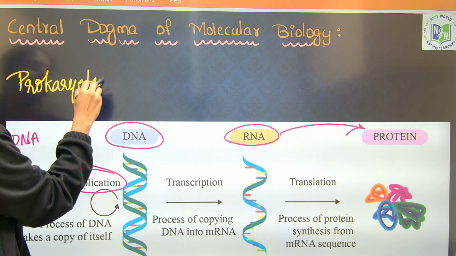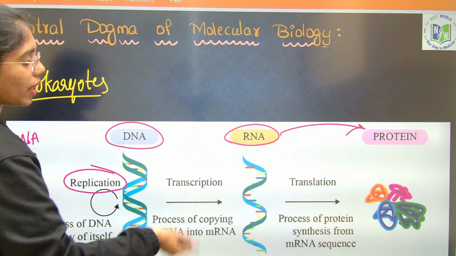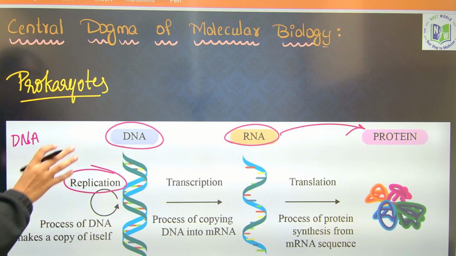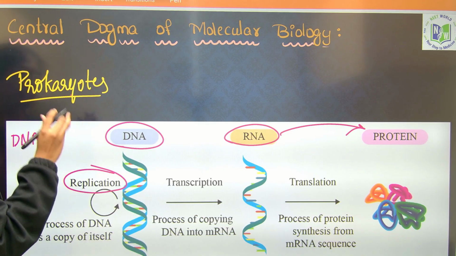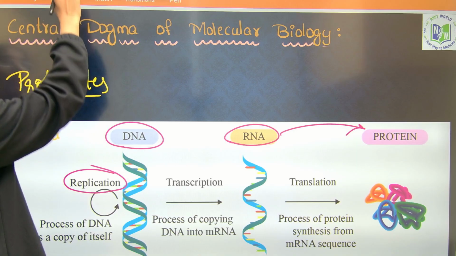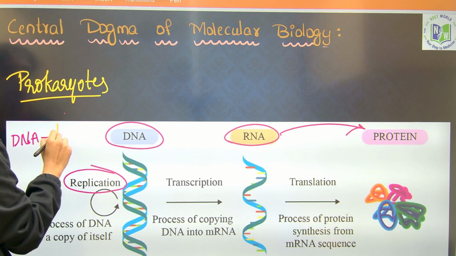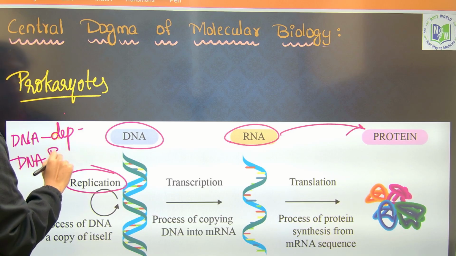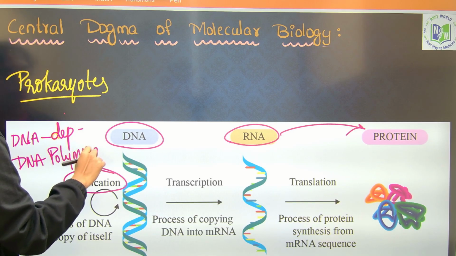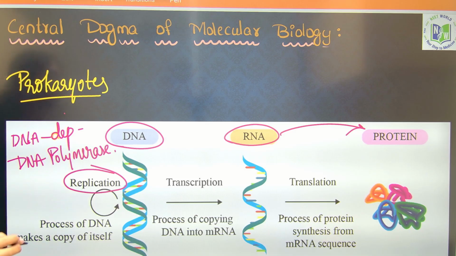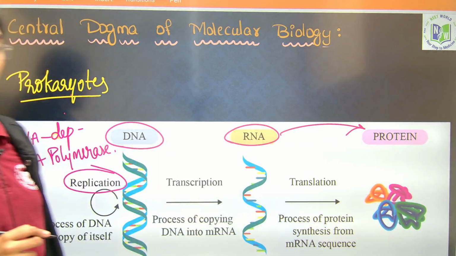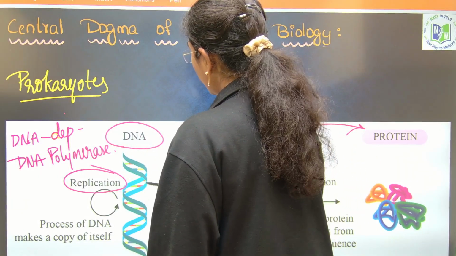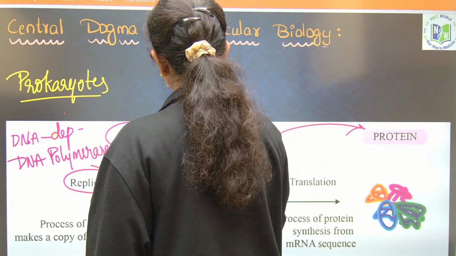The entire process of replication, transcription and translation happens in the cytoplasm of the prokaryotes itself. Replication is done by DNA dependent DNA polymerase. When DNA is transcribed to RNA, the enzyme required is DNA dependent RNA polymerase.